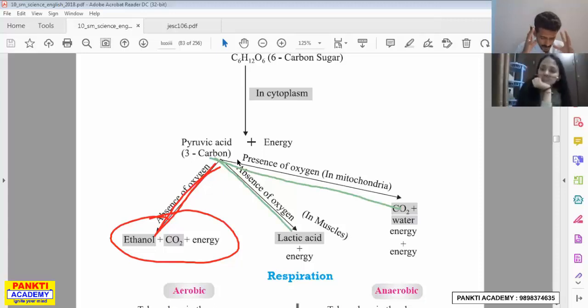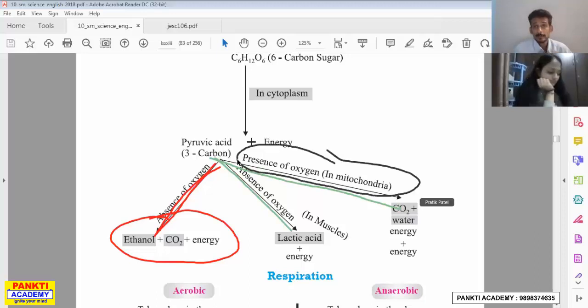Here, in the presence of oxygen, upper side is given presence of oxygen, in mitochondria. Where does this process happen? In mitochondria, which is one part of the cell. We breathe in oxygen, this oxygen goes into a cell, and this oxygen helps break down the glucose.